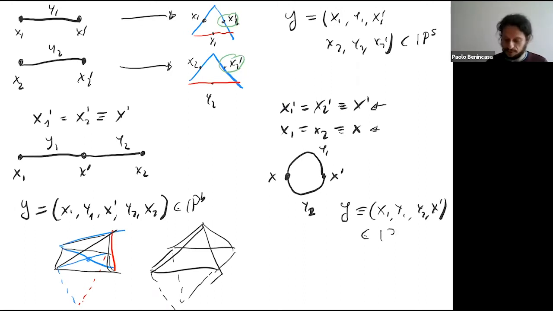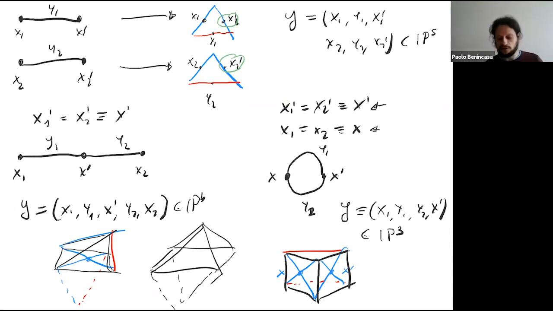This belongs to P3, and you can imagine it to be something like this. This is x prime. And if you draw the convex hull, it should be something like this. A sort of truncated pyramid.